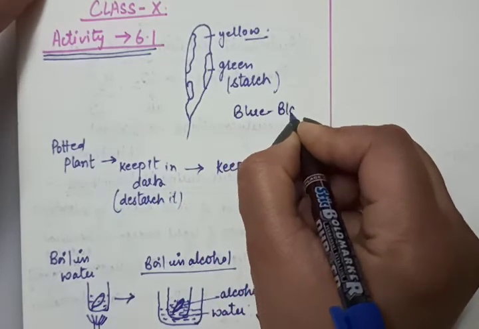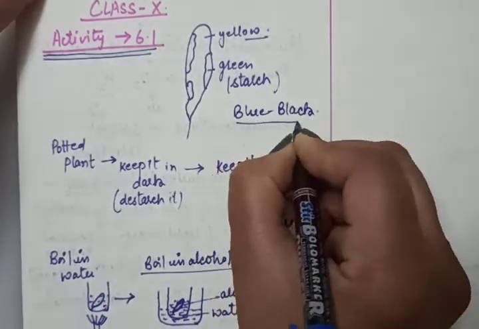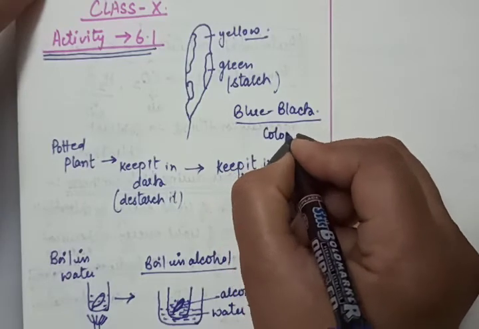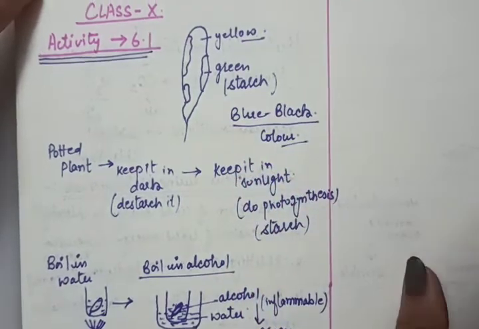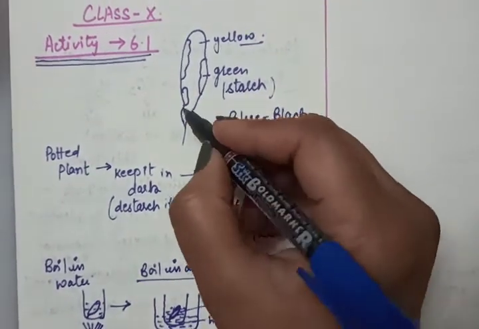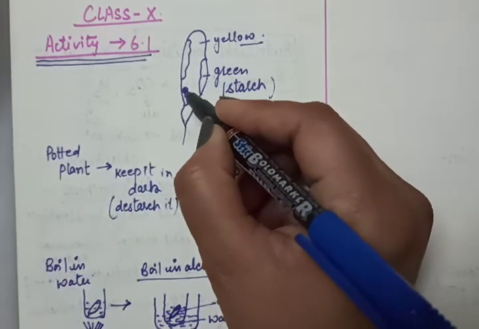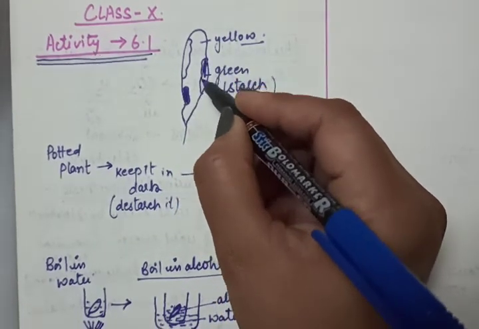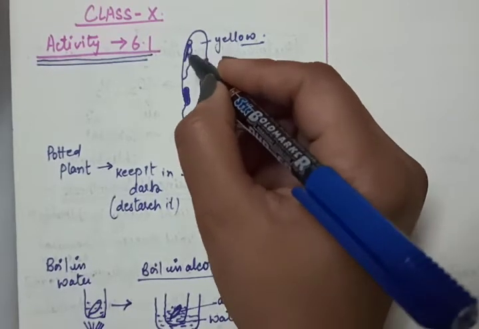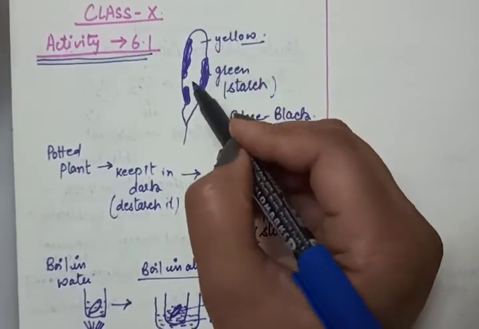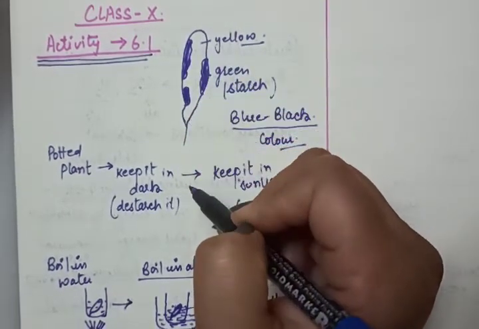That is the indication that starch is there, blue black color. So after the iodine test, these green color patches will become blue black, and this yellow portion will remain as such.